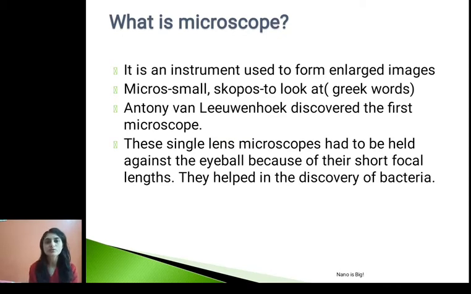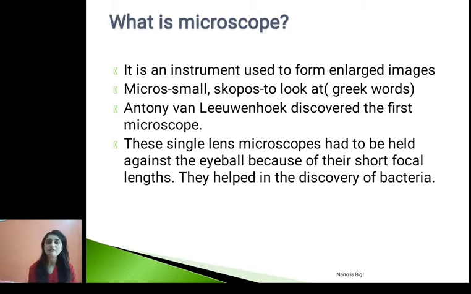So what is a microscope? A microscope is an instrument which is used to form enlarged images, and the word consists of two Greek words, micros, meaning small, and scopos, meaning to look at.